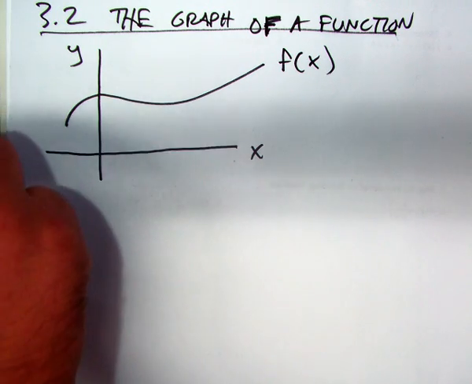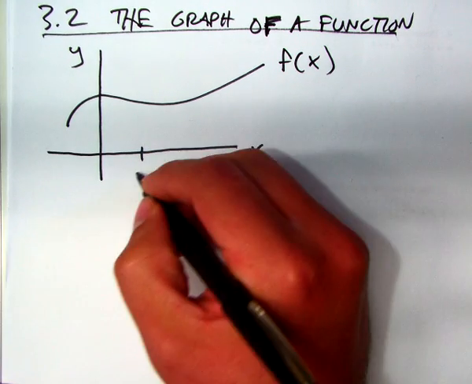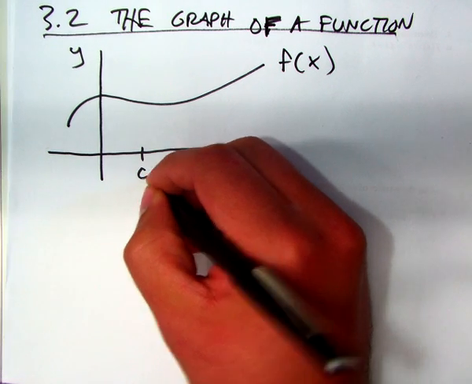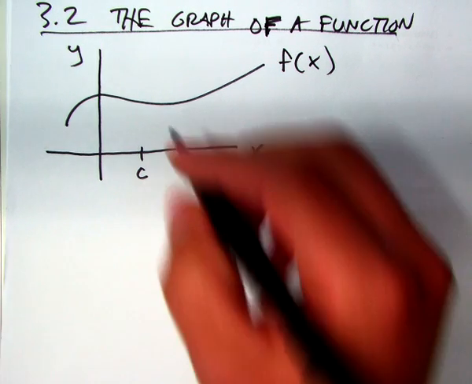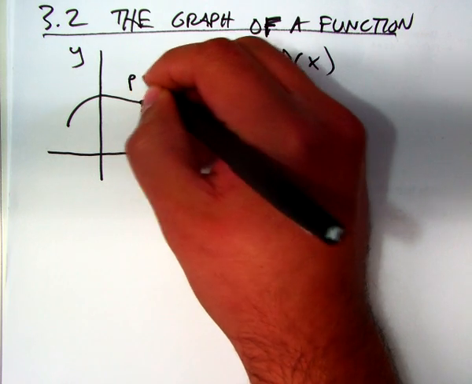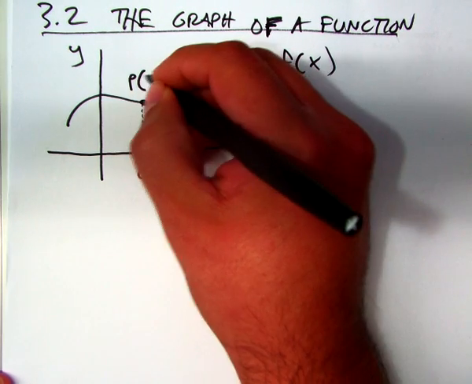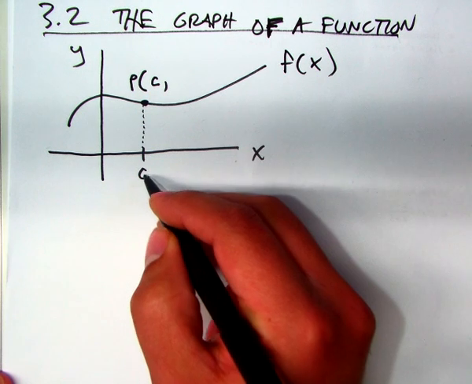So for instance, if we have a point corresponding to an x value of c, if I go up and I find this point on the graph, we say the x-coordinate would be whatever that c value is.